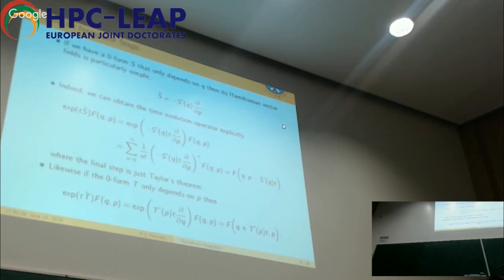The first thing we can do is replace S hat in terms of the basis d by dp. So I get minus S prime of q times t times d by dp. I then expand the exponential using its power series expansion. And you notice that all this is doing is a shift of the second argument of the function f by an amount minus S prime of q times t.